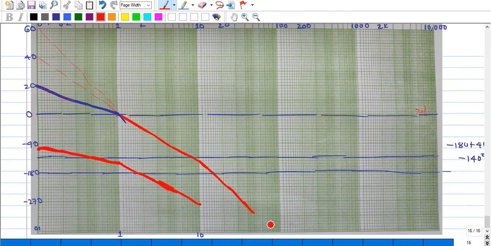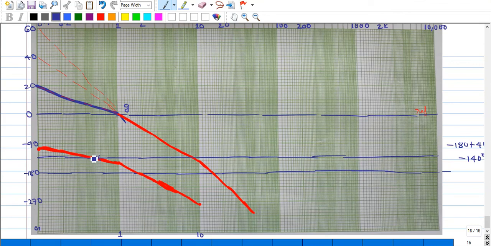Okay, now we have the important construction to be made. Let me mark this particular point as G, and from here, this is the particular intersection with minus 180 plus 40.